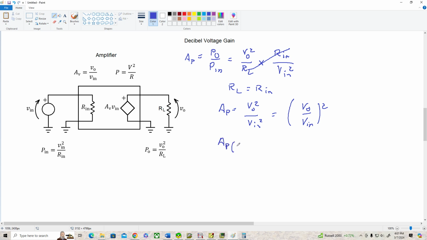And to express this in decibels, A P in decibels is equal to 10 times the log of the power gain, which is V out over V in squared.